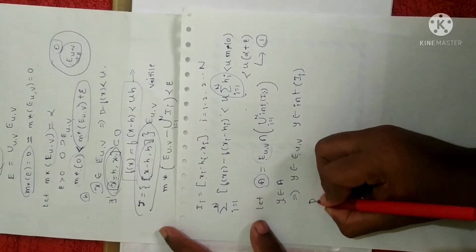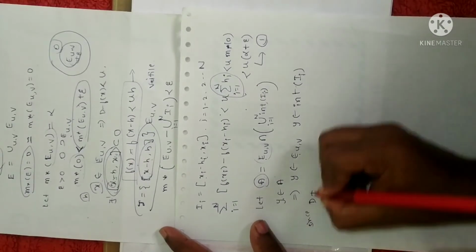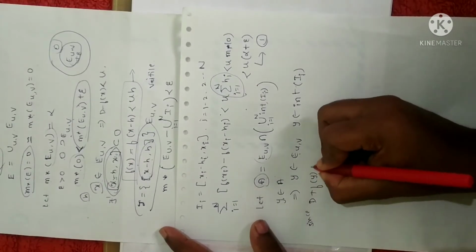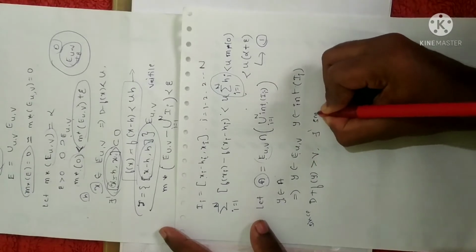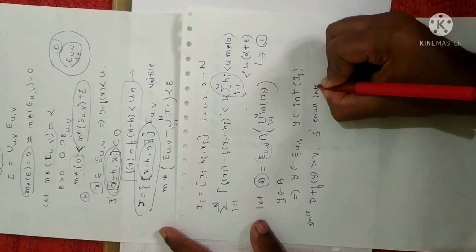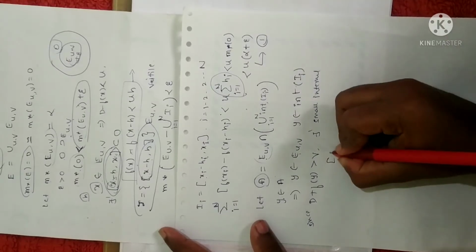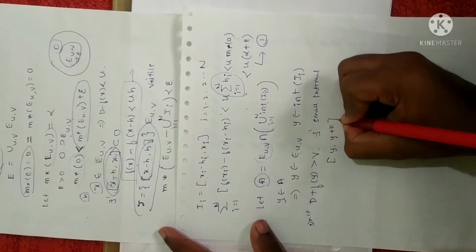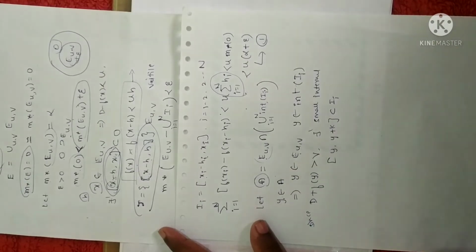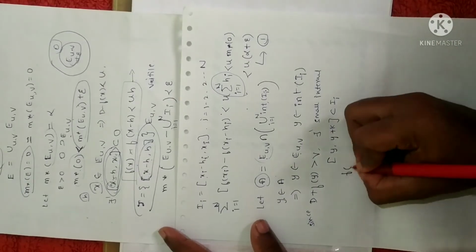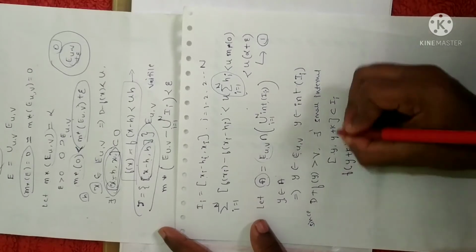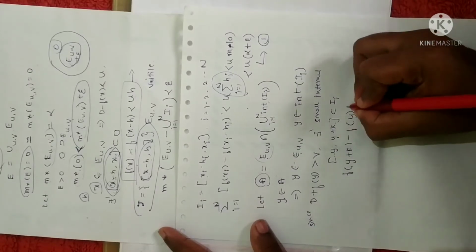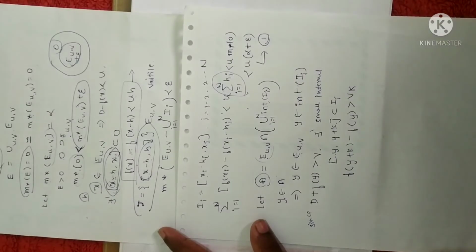Fine. Now, since we already know that the positive Dini derivative of f at y is greater than v, then, as per the definition, there exists a small interval such that y comma y plus k is a subset of I of I, in such a way that it satisfies the same condition, that is f of y plus k minus f of y, the difference of the function over the interval, will be greater than v into k.